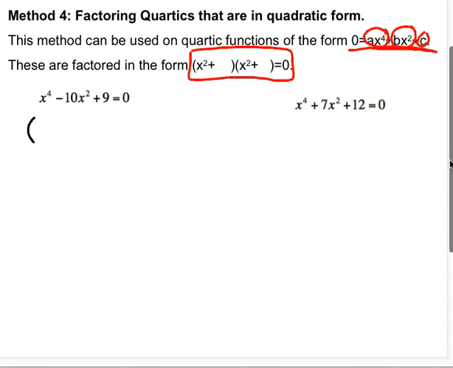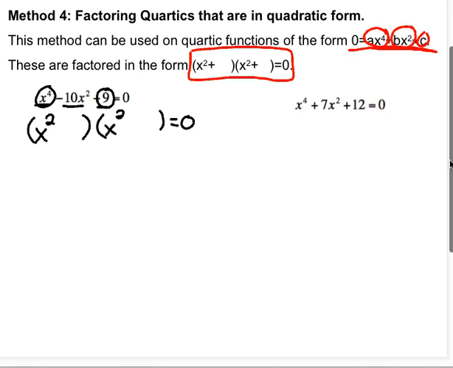So let's jump right into this first one. And again, the biggest thing that I notice is that I have that fourth power, that squared term, and the constant. So what that means, to get an x to the fourth power, both of these have to be x squared instead of just x's. That's how I end up with a quartic instead of a quadratic. Now from there, we actually get exactly the same thing.